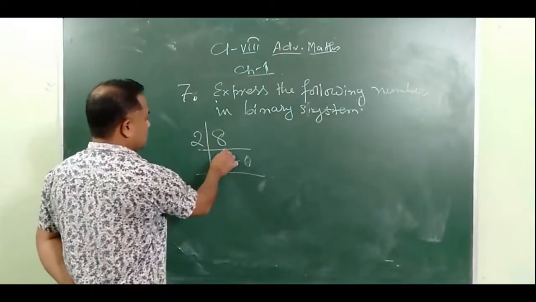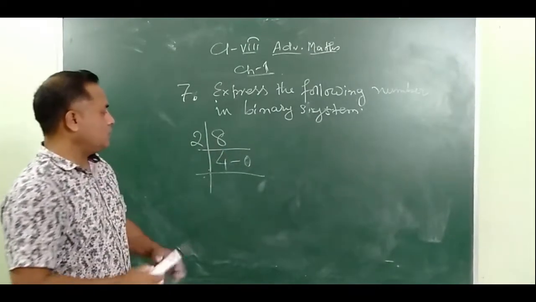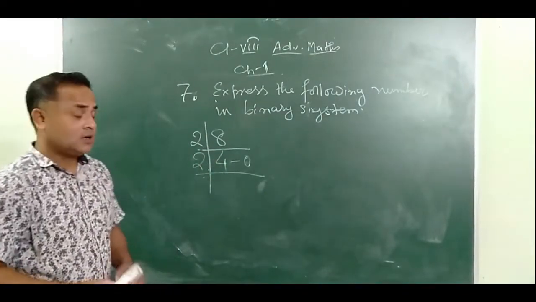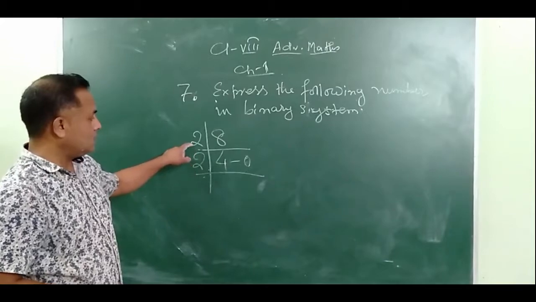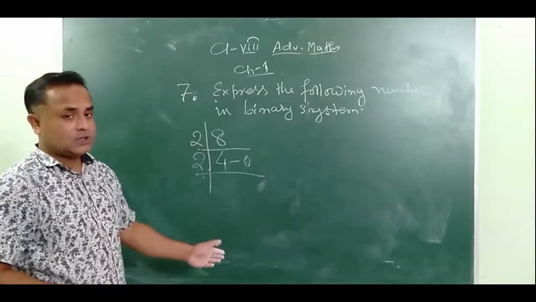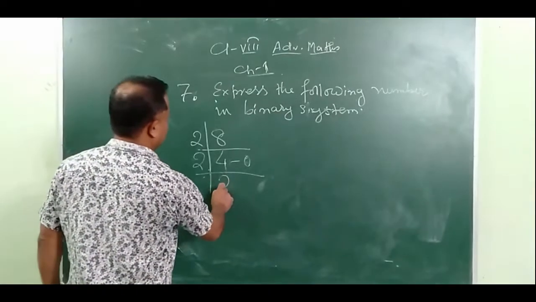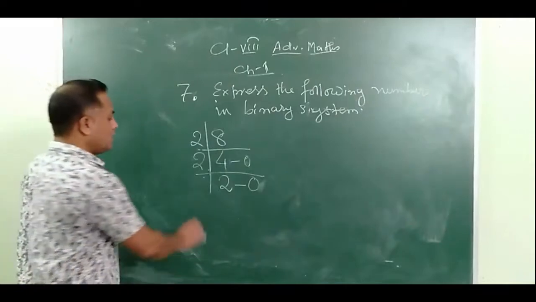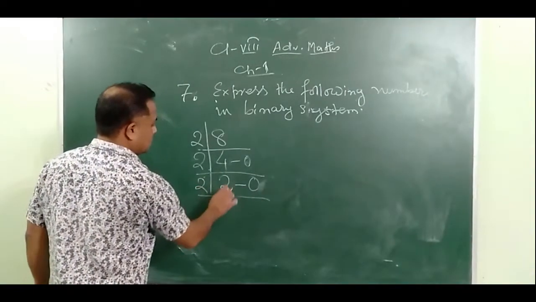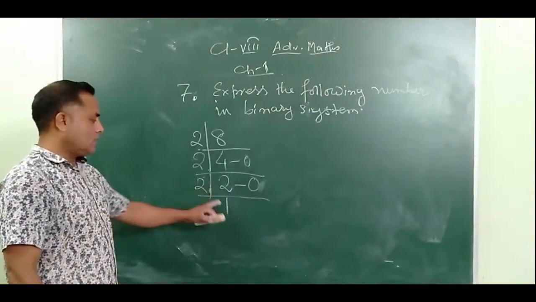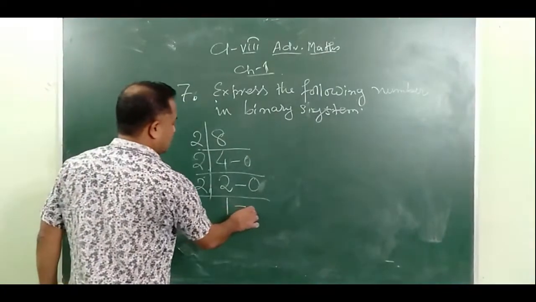Again this quotient will be treated as the dividend, and again I will divide by the divisor. Since the dividend is greater than the divisor, that is 2, we will proceed with the division further. 2 times it goes and the remainder is 0. Again I will divide this number by 2. How many times does it go? 1 time, and the remainder is 0.